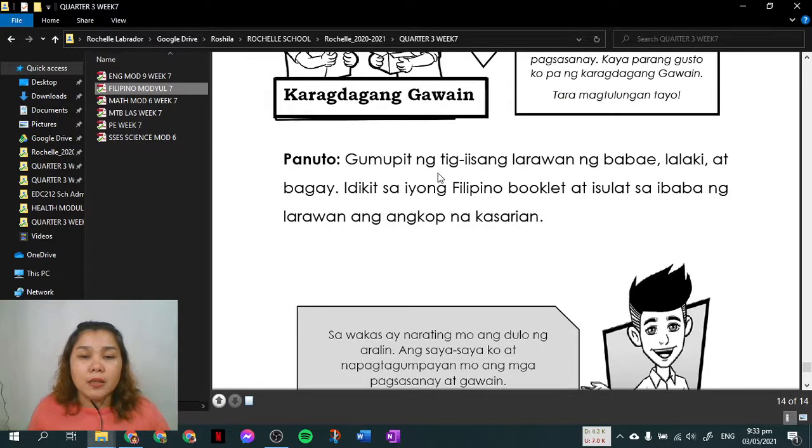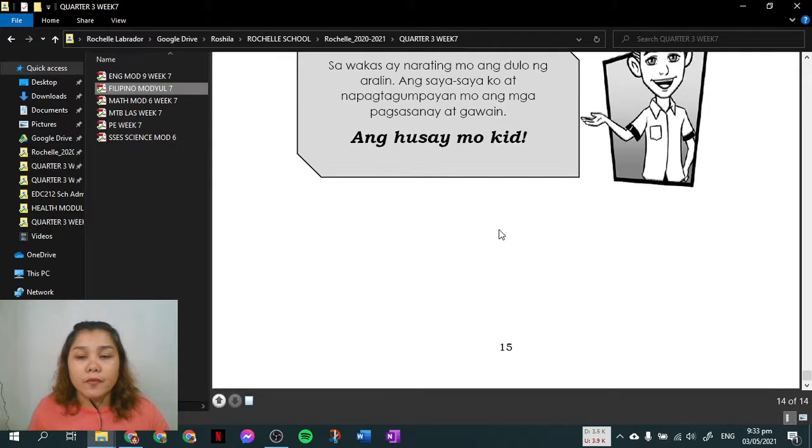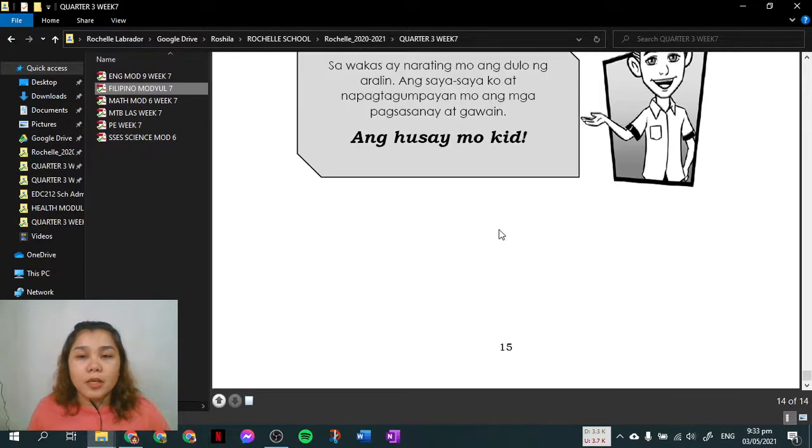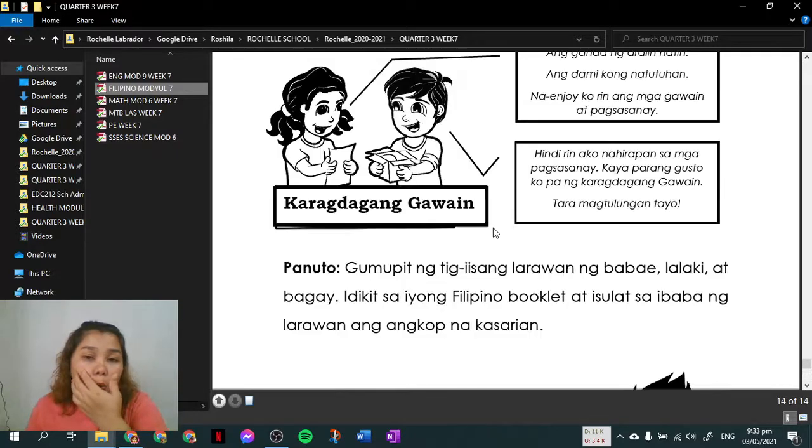Karagdagang gawain, gumupit ng tagi-isang larawan ng babae, lalaki at bagay, dikit sa inyong Filipino buklat, isulat sa baba ng angkop na kasarian. So, if you prefer sa booklet, dun idikit, and then identify kung pambabae, panlalaki, o titiyak walang kasarian. So, three picture, one picture sa babae, lalaki, sa kabagay.